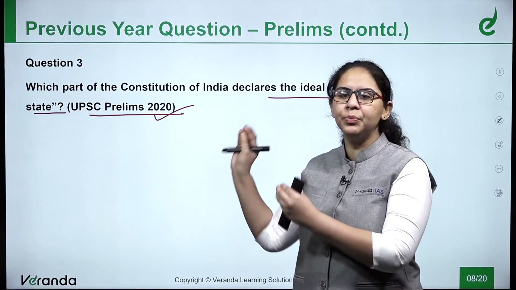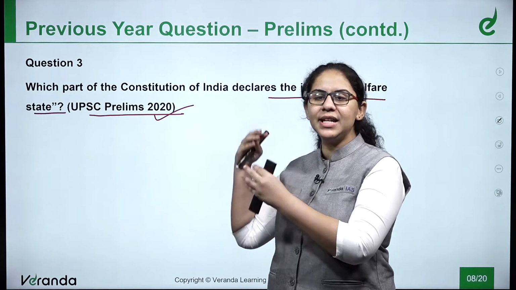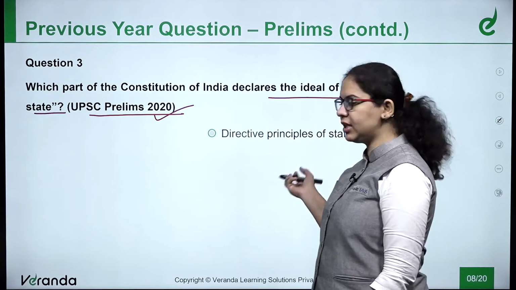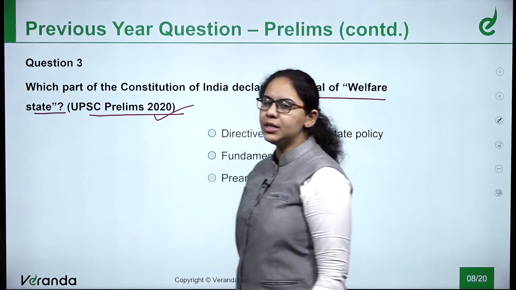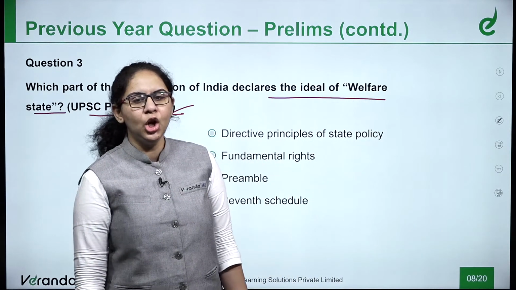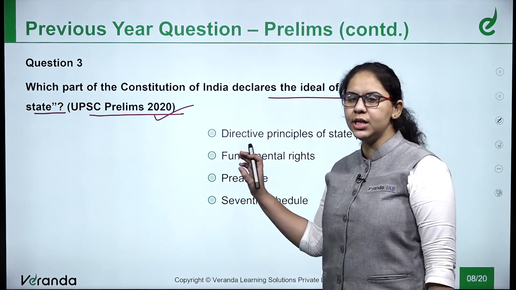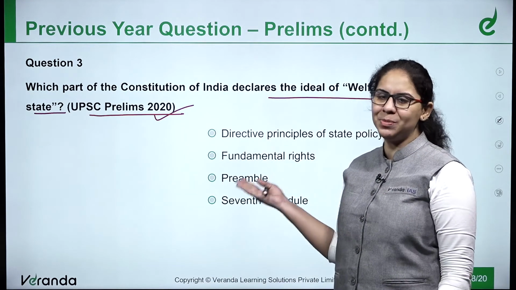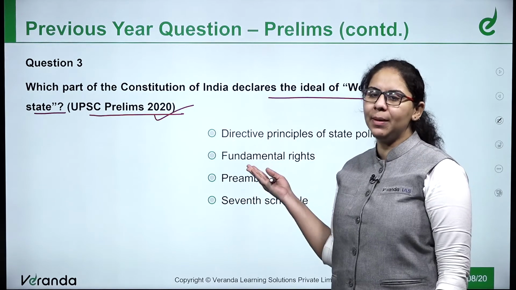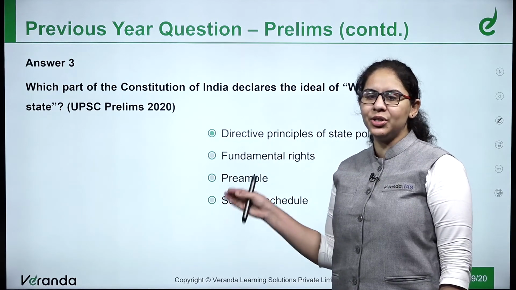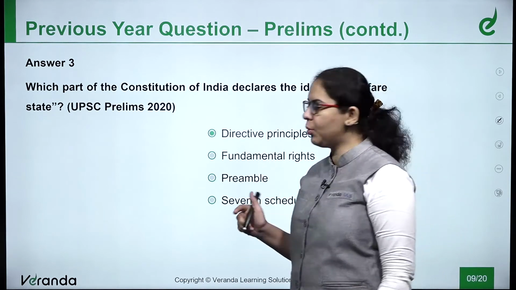This ideal of a welfare state is enshrined in what? Directive principles, fundamental rights, preamble or the 7th schedule. So what becomes important for us again is to remember DPSPs, fundamental rights, know the preamble and know the schedules of the Constitution. The answer to this question is directive principles of state policy.